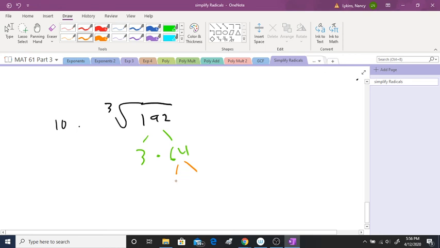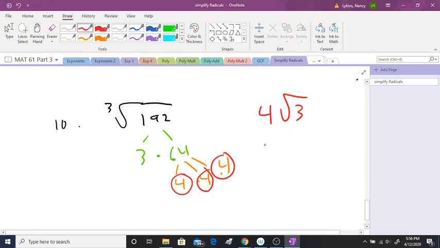This breaks down to 4 times 4 times 4. This means I've got 1, 2, I've got my 3 of a kind. The 4 comes out. And the 3 stays under.